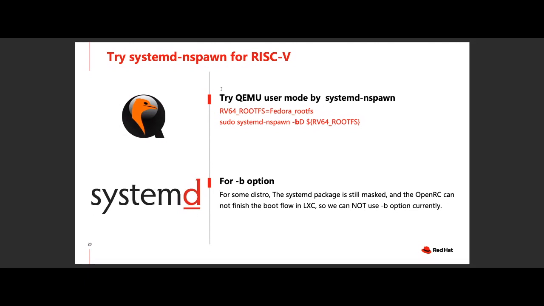You can get rid of the -b and just use -D to start the system. You will get into the RISC-V rootfs and can try it. I already tried it and it was very successful, and I hope you can enjoy this practice. Next slide, please.